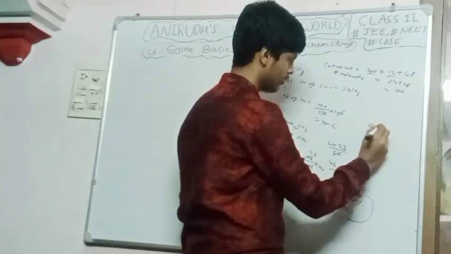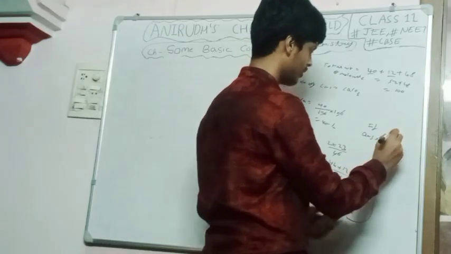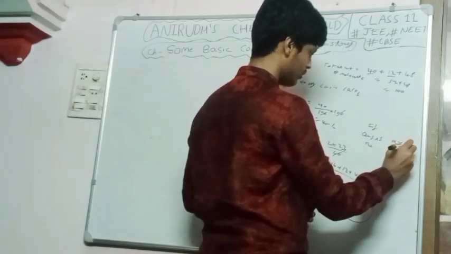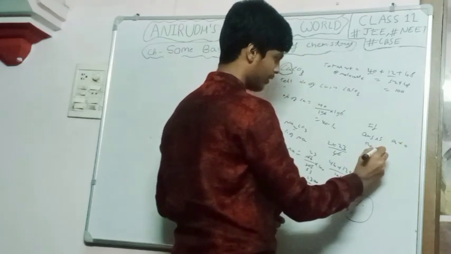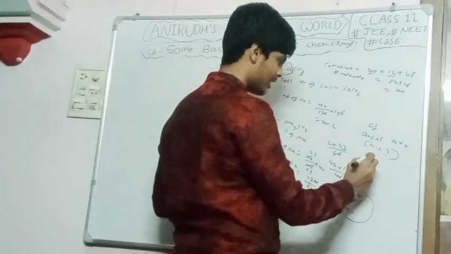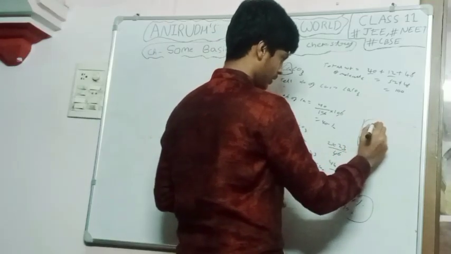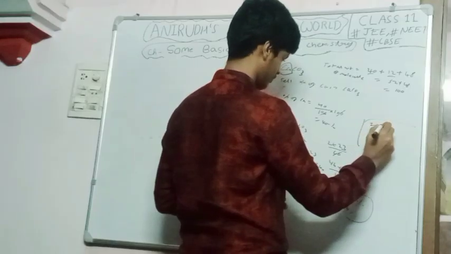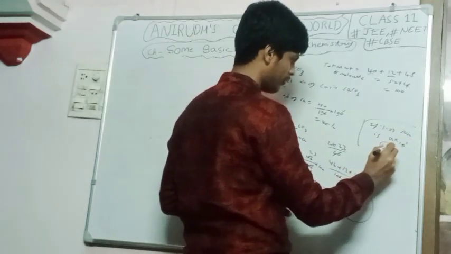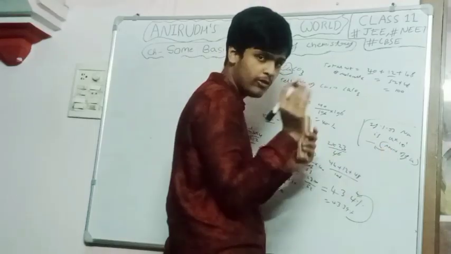Basically what I am telling you is, if the answer is A into 10 to the power of 1, then the round off of A is the answer, the rounded off value of A is the answer.